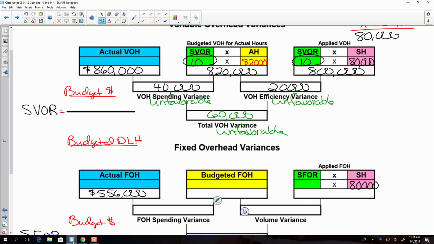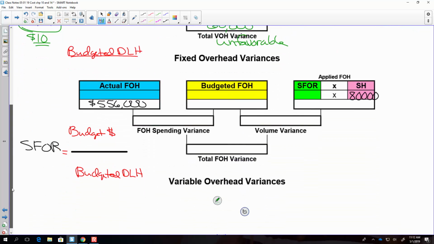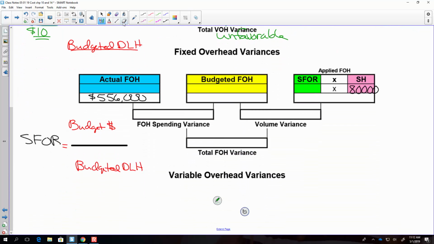Now I did have an SVOR, which we didn't have to compute because we already were given it, $10, right? What's my fixed overhead rate? Teresa, what's my fixed overhead rate?